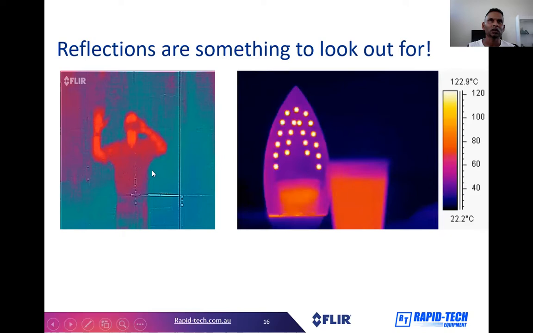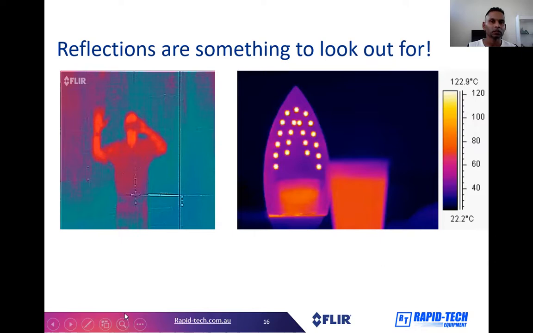If you were to stand in front of a glass window and point a thermal camera, you're not going to be able to see through the glass, but you'll see a reflection of your body temperature, that infrared energy emitted from yourself, bouncing off the glass, and the thermal camera is picking it up. So a very important thing to remember is emissivity.